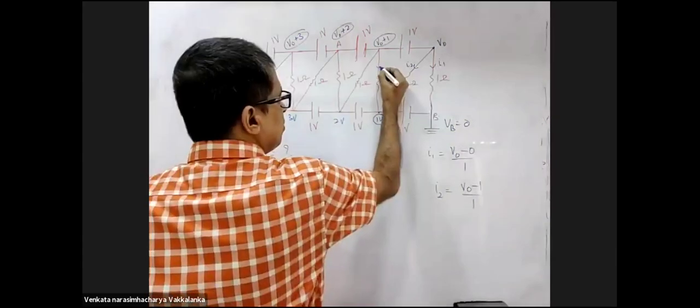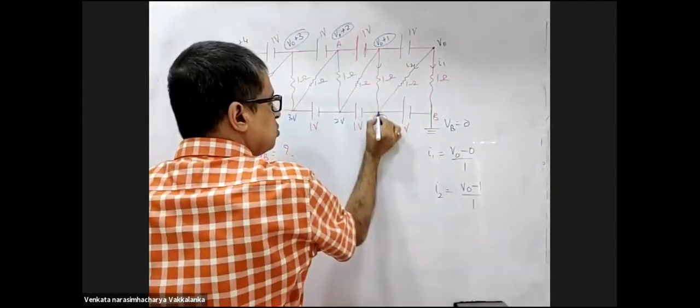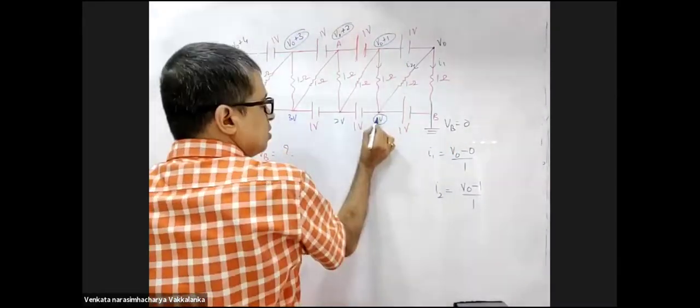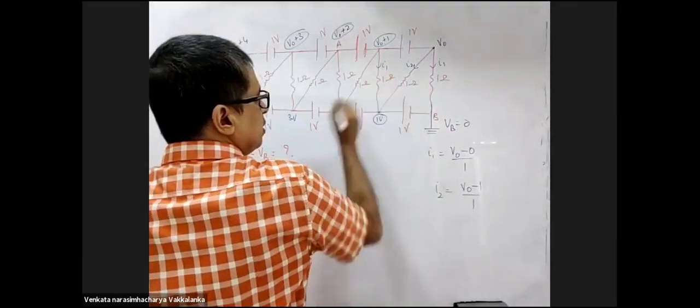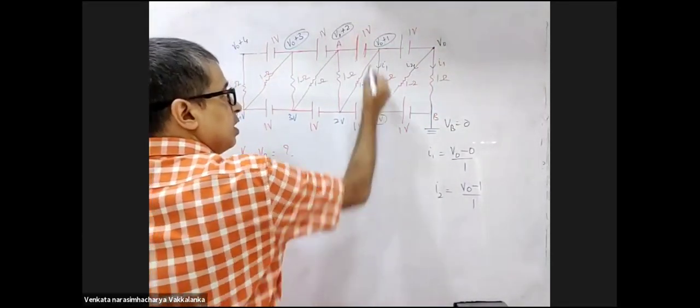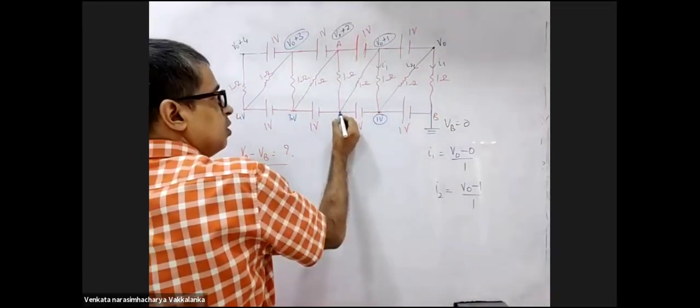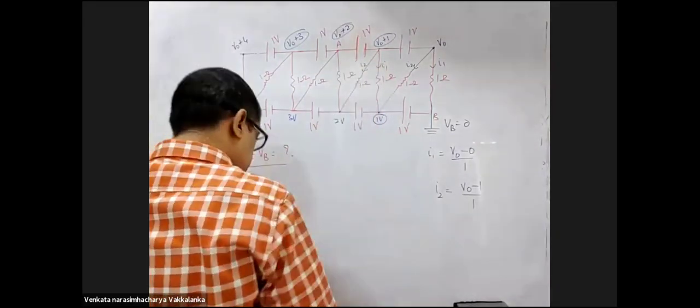Right? This is I1. Have a look at it. Potential difference across this is V0. Across this is also V0. Resistance is the same, so I can call it I1. Potential difference across this is V0 minus 1. Across this is also V0 minus 1. Resistance is the same. Can I call it I2?